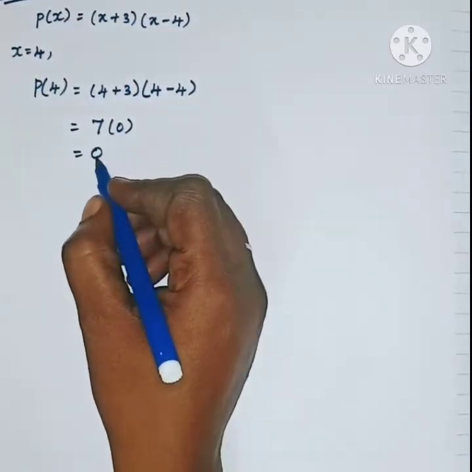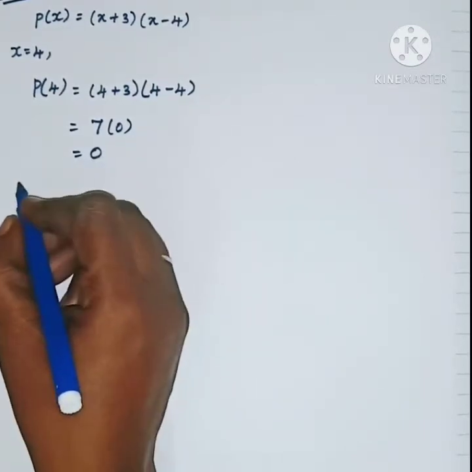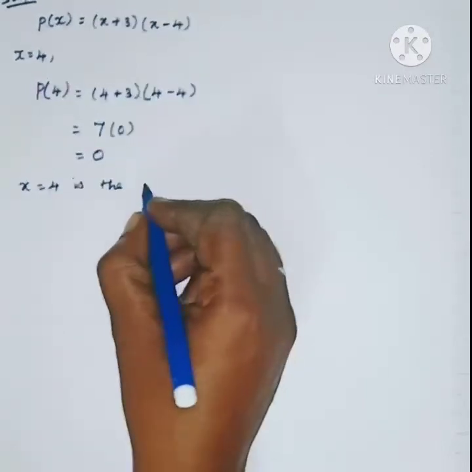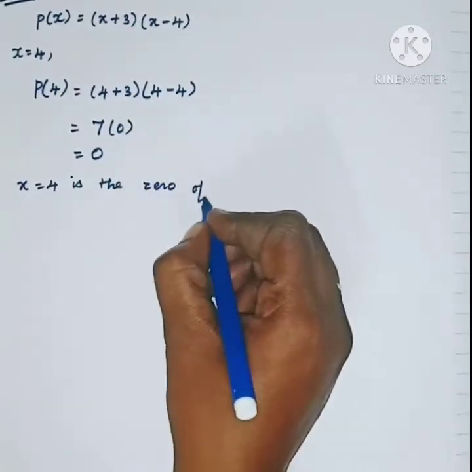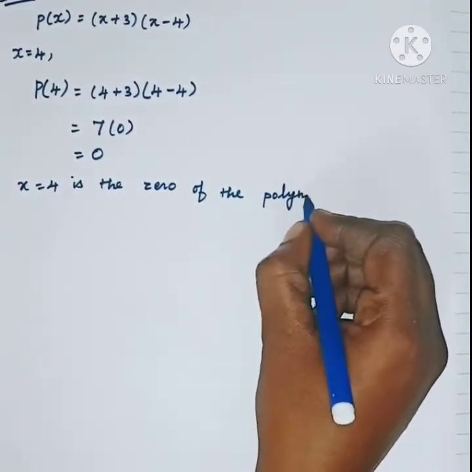So we got the answer 0. Then we should say x is equal to 4 is the zero of the polynomial.